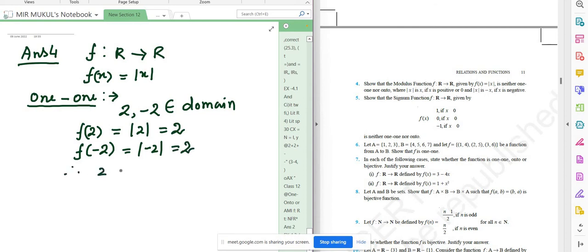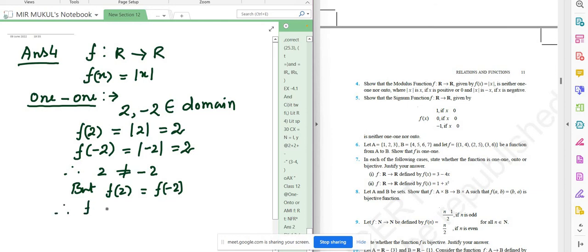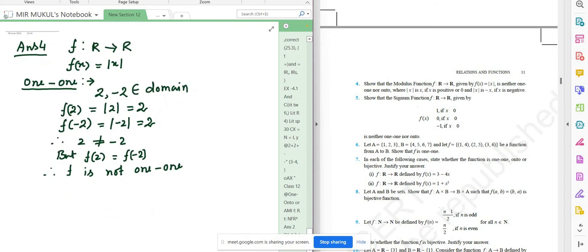Therefore 2 and minus 2 are distinct, but their images are the same. That means f(2) equals f(minus 2). Therefore f is not one-one. Understood? Yes, sir.